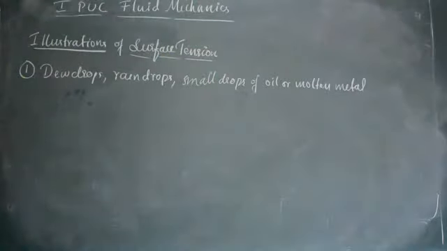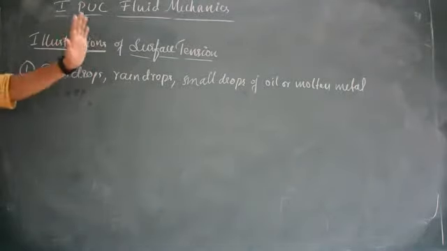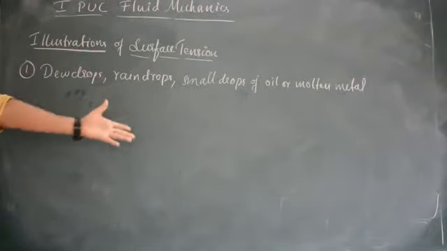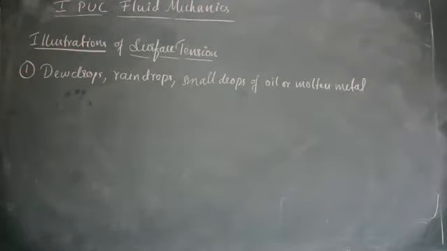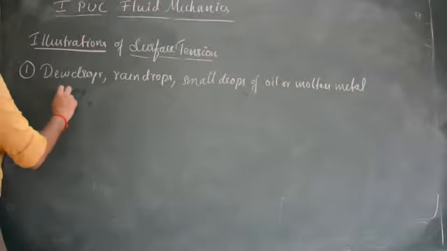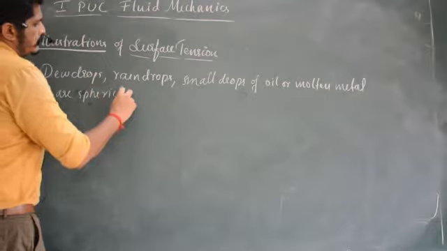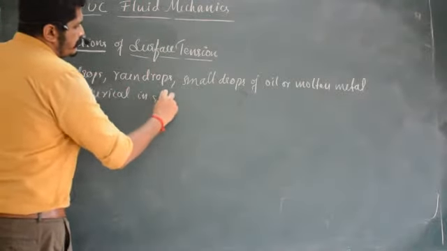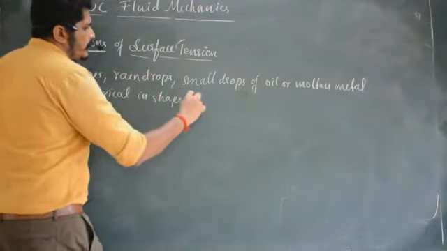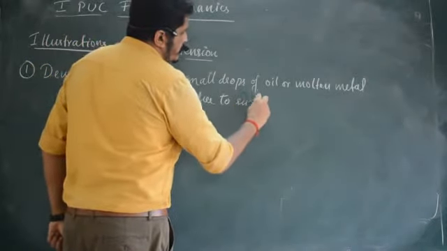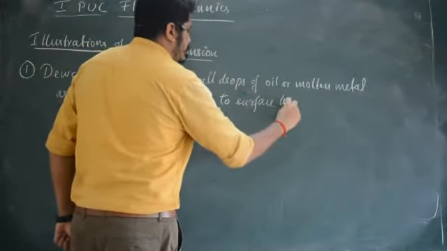So one of the best illustrations is that dewdrops, raindrops or small drops of oil or molten metal are spherical in shape due to surface tension.